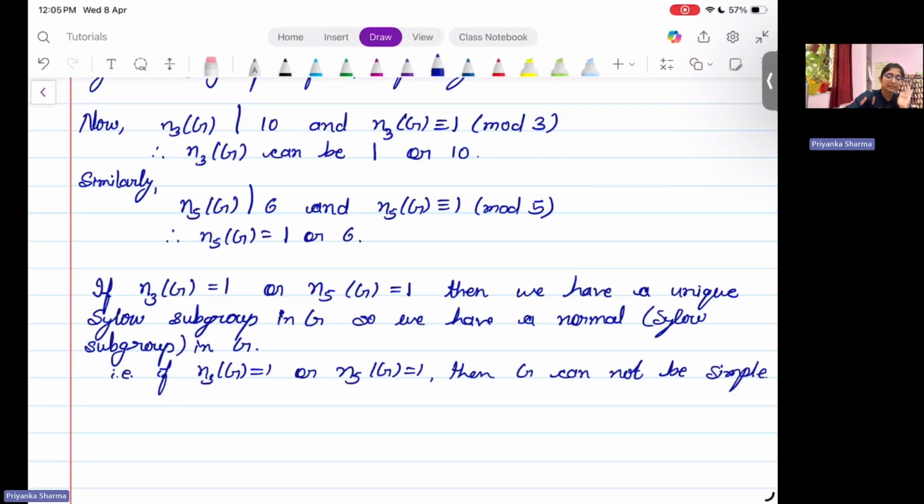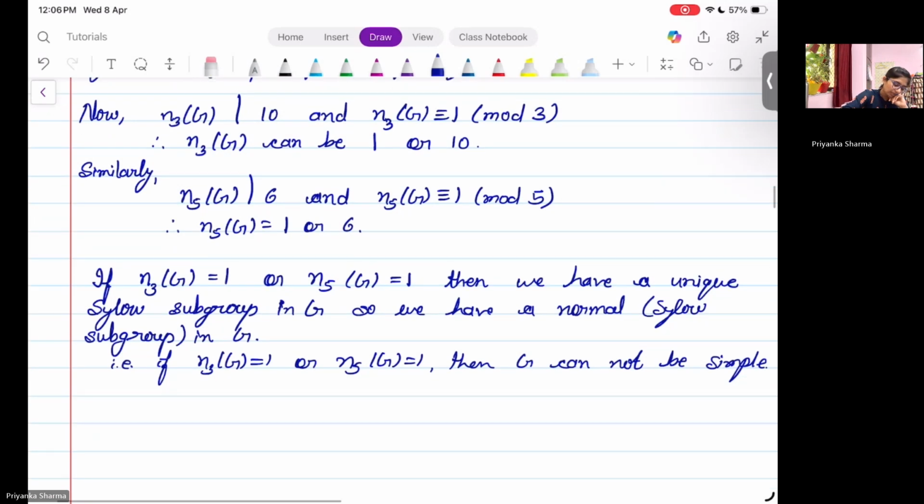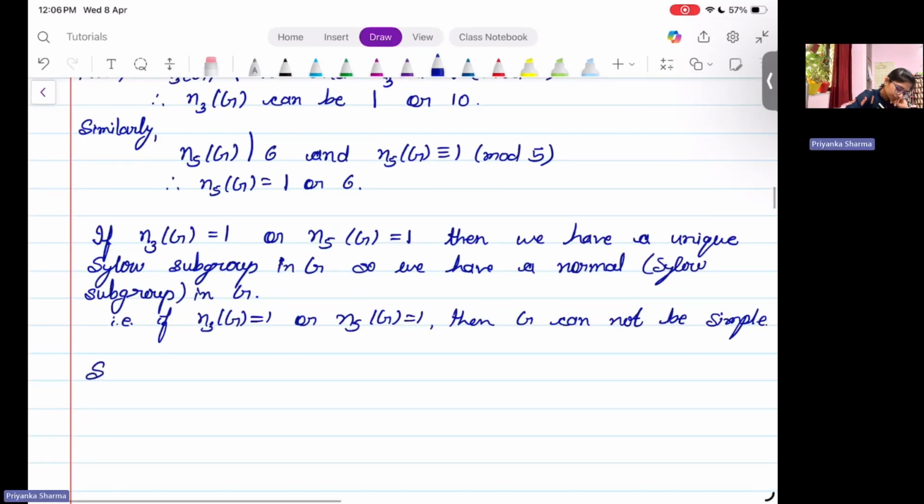I'm not saying that it will be simple, because again we have N2G. But if either of these N3G and N5G becomes 1, then this will sufficiently imply that G is not simple.